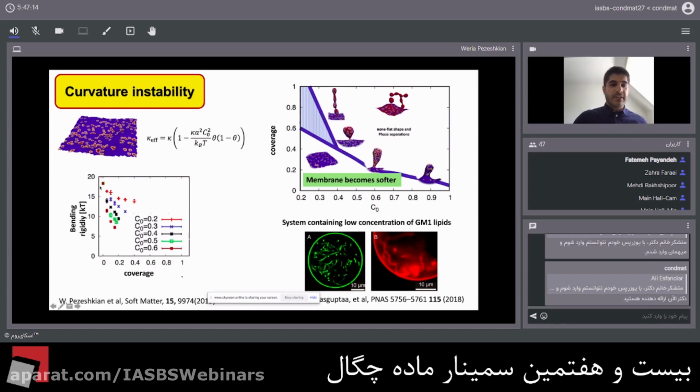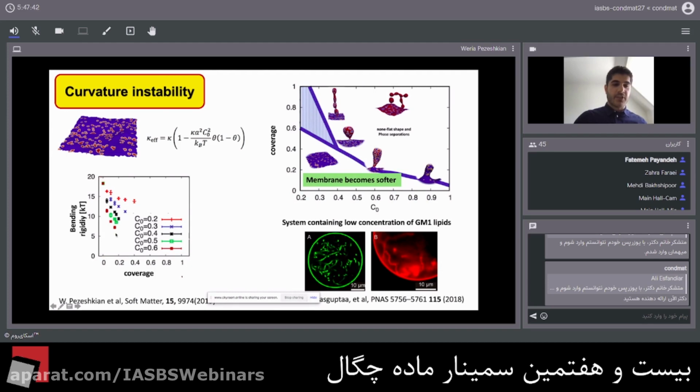But we did these simulations at different concentrations for different membrane curvatures. What we see is that it's actually true that it becomes softer and softer as the curvature increases, and so does the coverage. But for high curvature, there is a certain concentration at which it suddenly goes to 0.